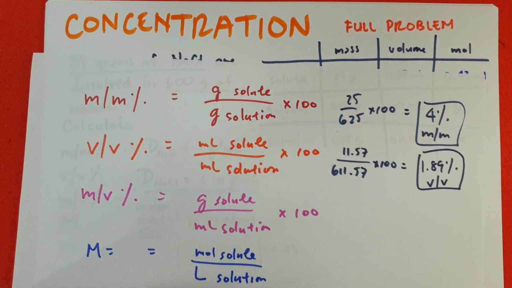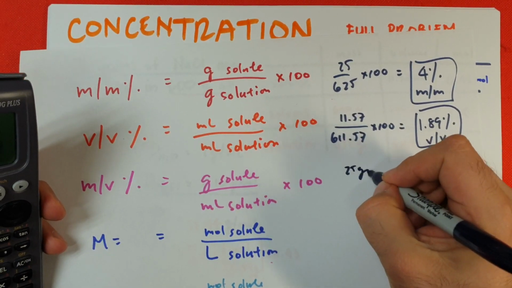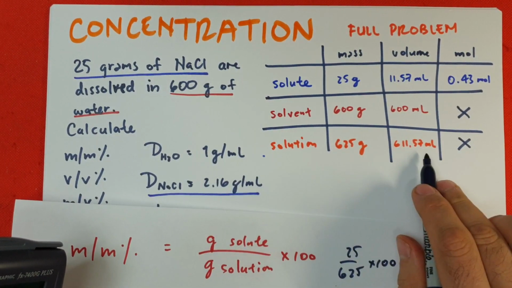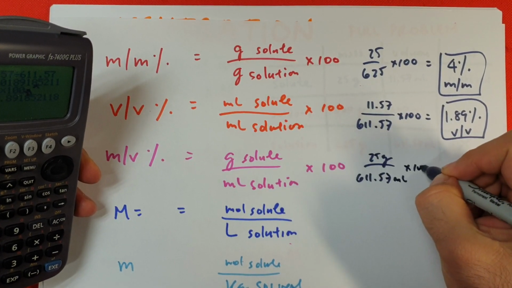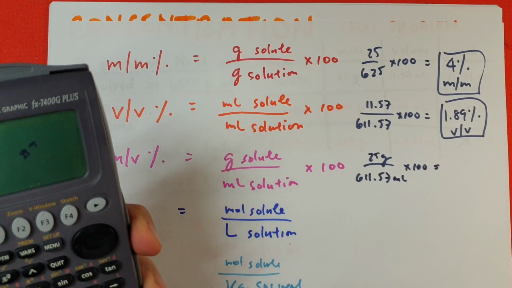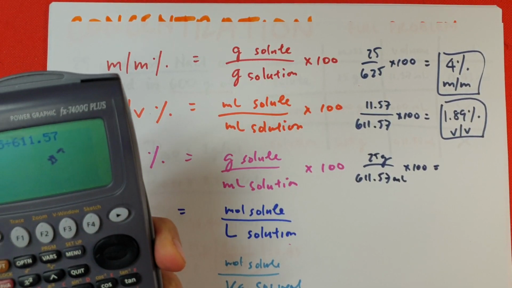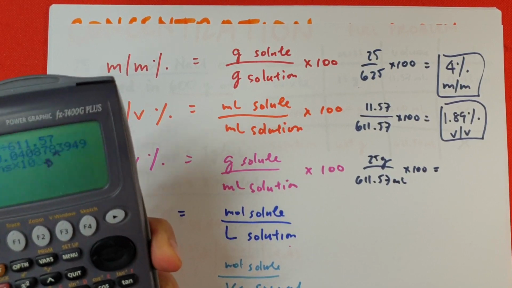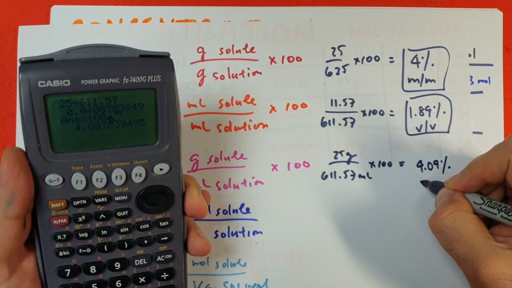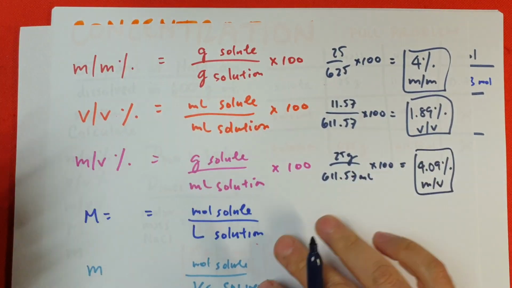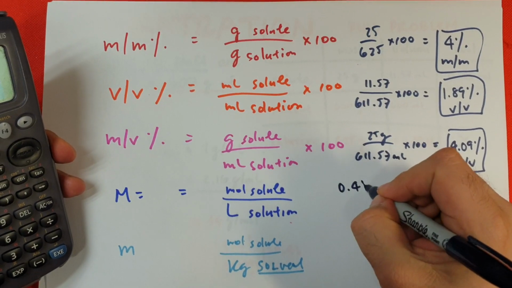Good. Now grams of solute, 25, divided by milliliters of solution, 611.57, times 100 is 4.09% MV.